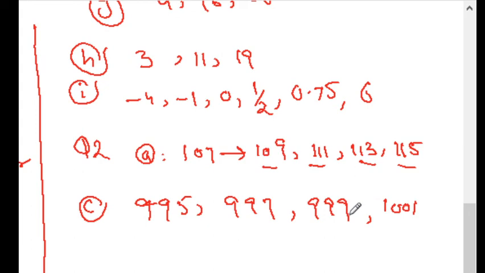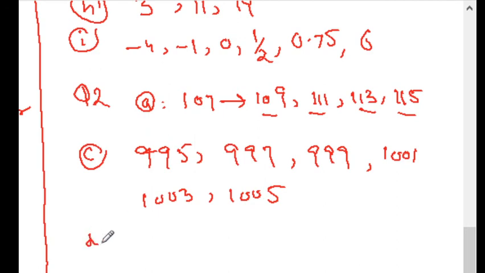So these are odd numbers between 993 and 1007. The next one we can write here is 1003, and the next one is 1005. So these numbers are the odd numbers between 993 and 1007.